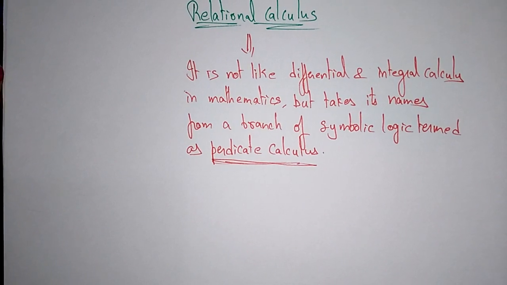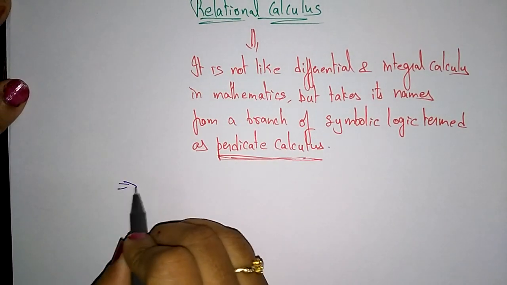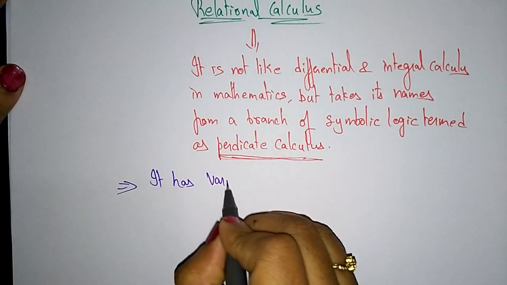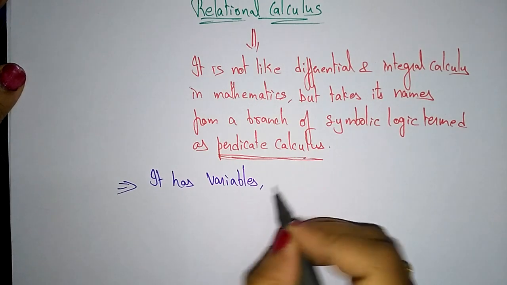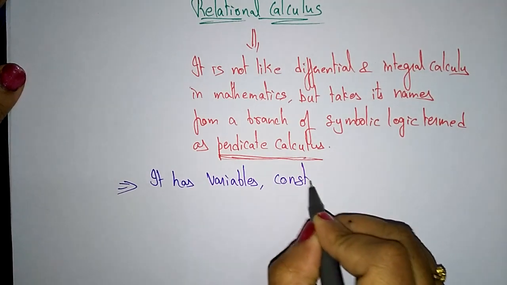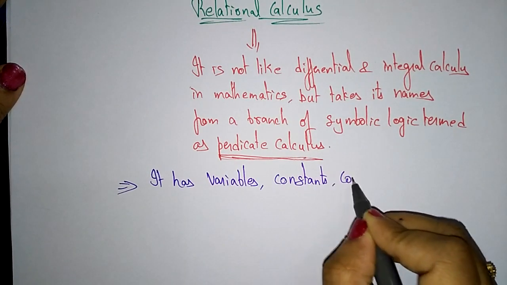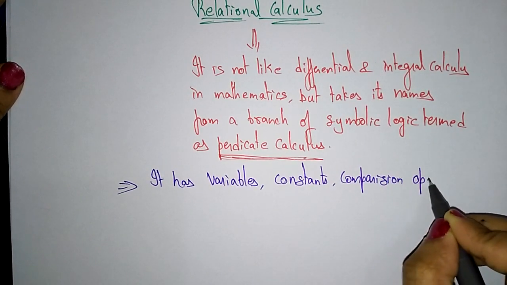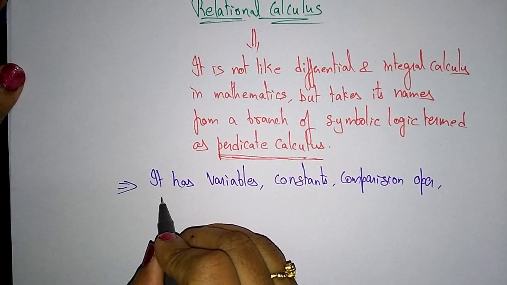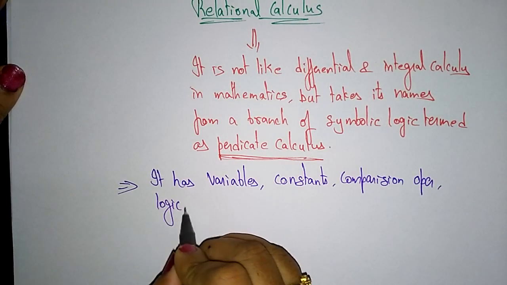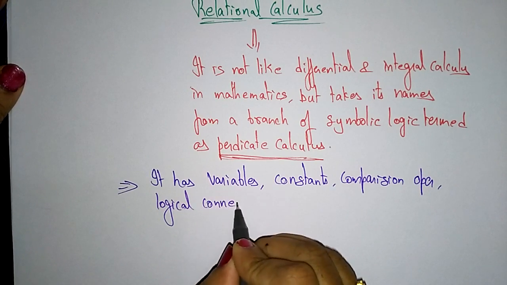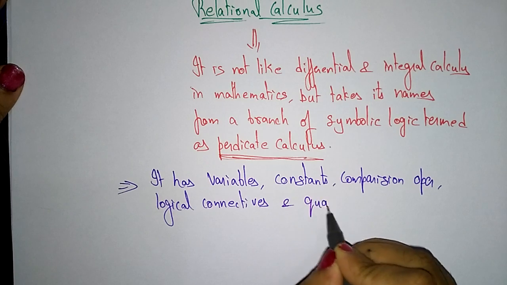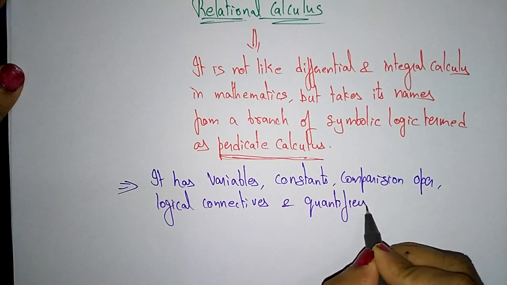Okay, so it has variables like other relational languages. It has variables, constants, comparison operators, logical connectives and quantifiers.